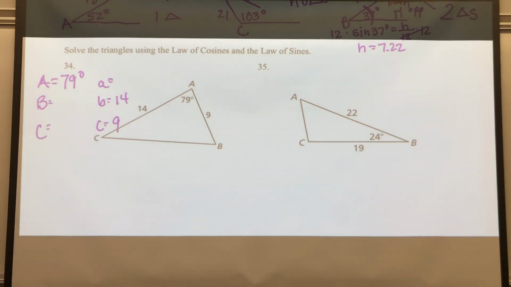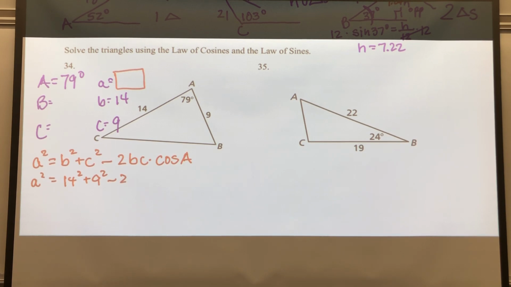All right? So I'm actually going to do this. So the formula I'm going to use is A squared equals B squared plus C squared minus 2 times B times C times cosine of A. And then you just drop everything in. 14 squared plus 9 squared minus 2 times 14 times 9 times cosine 79 degrees.